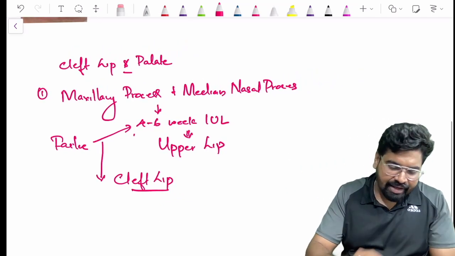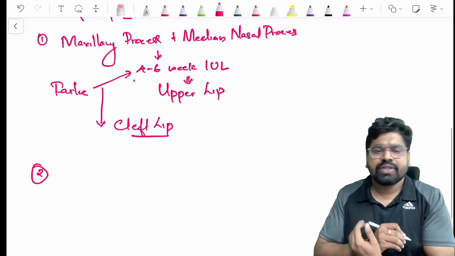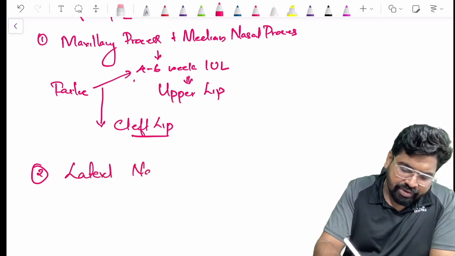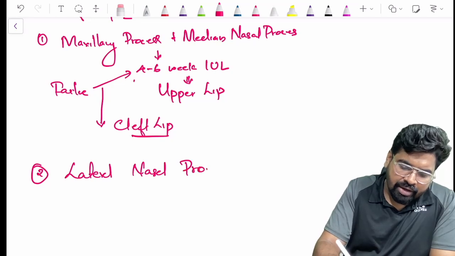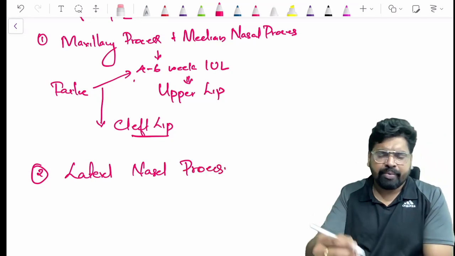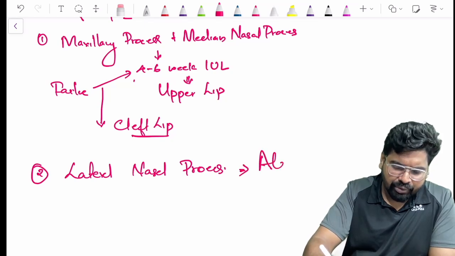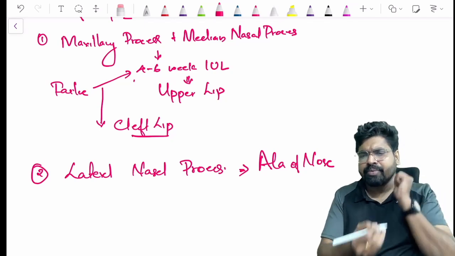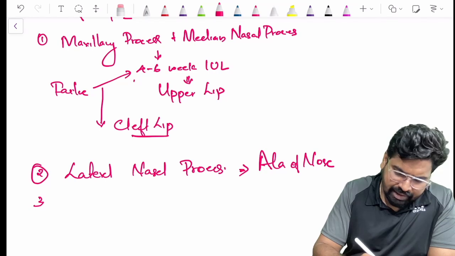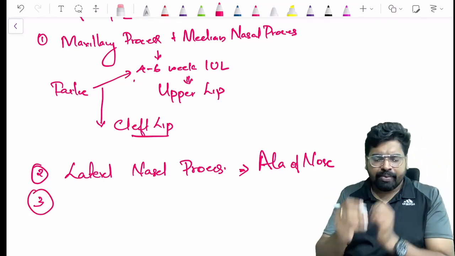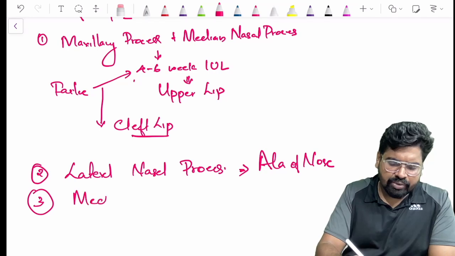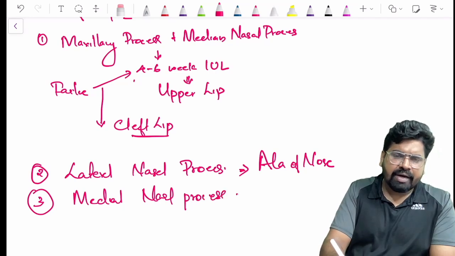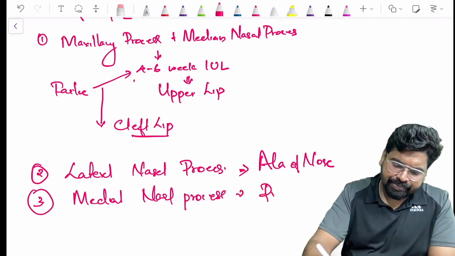Similarly, there is a fusion of the lateral nasal process with the maxillary process, and that will form the ala of the nose. The ala of the nose is contributed from the lateral nasal process. The median nasal process will give rise to your primary palate.